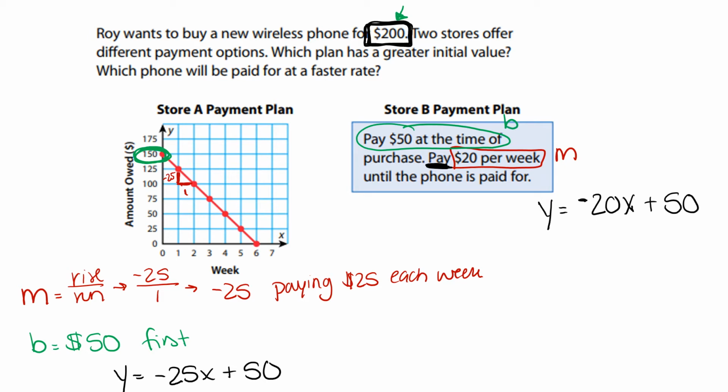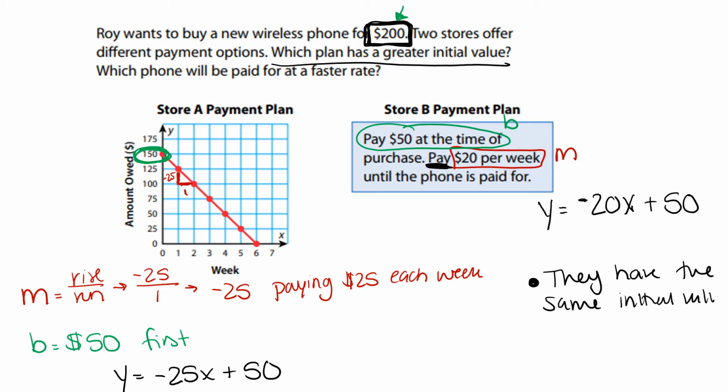So the question asks, which plan has a greater initial value? Well, they actually have the same initial value. Both plans make them pay $50 first before starting the weekly payments. Second question, which phone will be paid for at a faster rate?